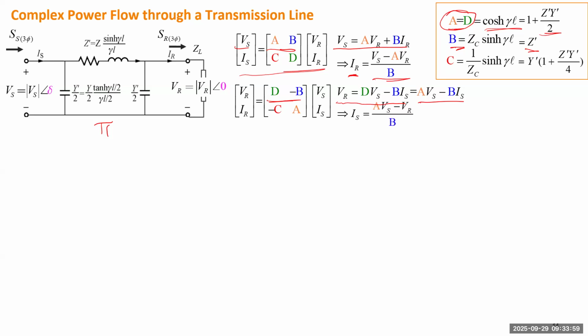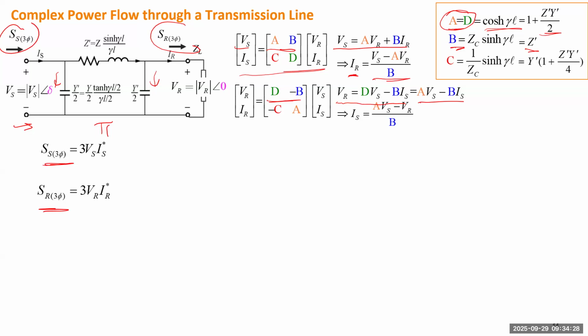And we can get this formula to calculate S, also depending on the voltage. So now we're ready to derive the formula to calculate three-phase complex power from the source, and also the complex power received at the load. So they will be different because there are some shunt branches going to the ground, which will change the complex power.